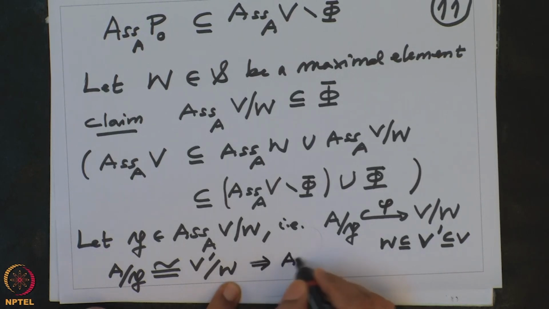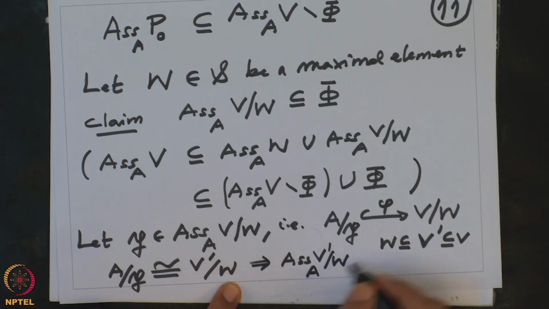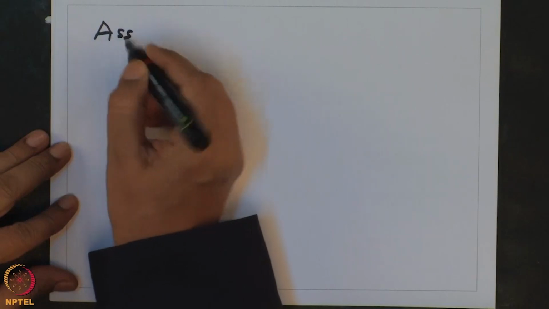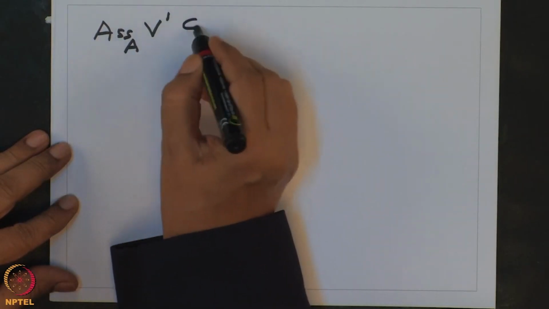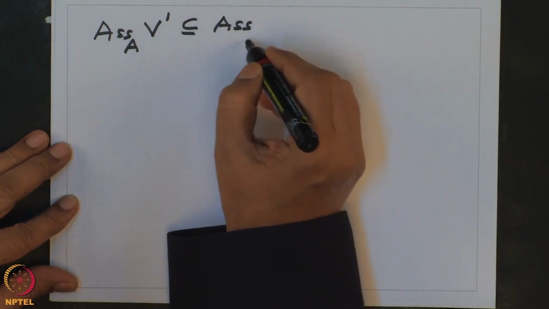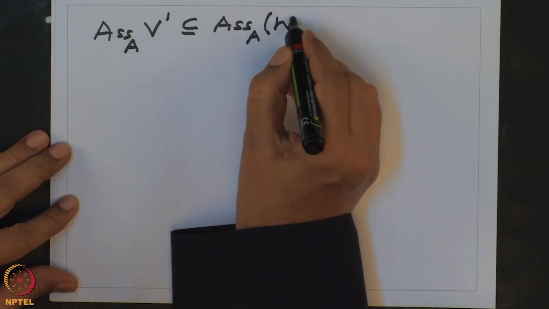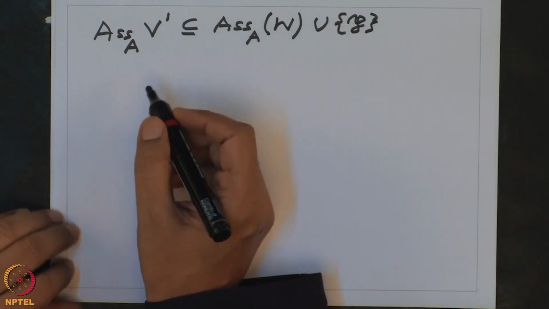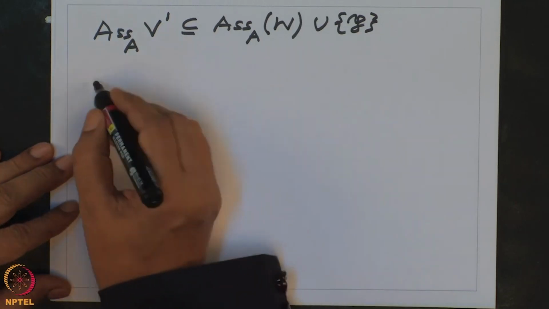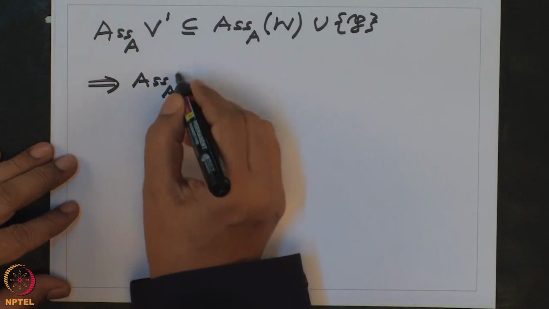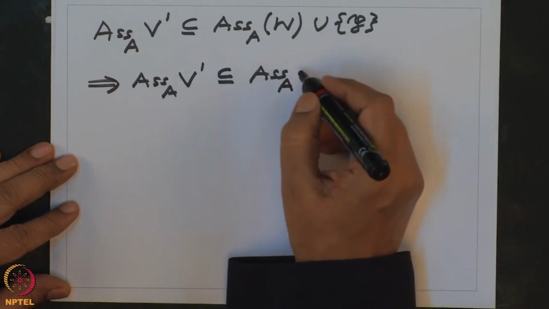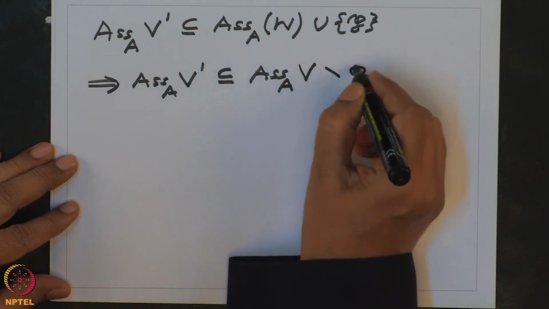Therefore the associated primes of V prime by W is only the singleton P, because that is the same as the associated primes of this, the singleton P. Therefore the associated primes of V prime is contained in the associated primes of W union P. Here we have again applied the observations we saw earlier, and therefore this will prove that the associated primes of V prime is contained in the associated primes of V minus the given set phi.